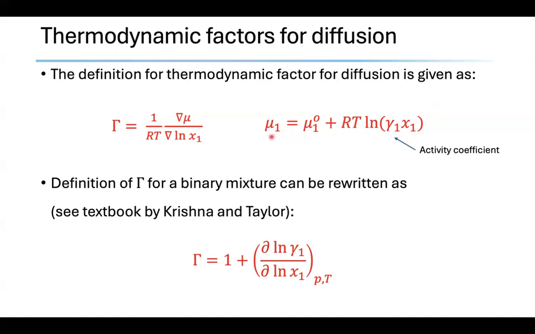Now, plugging the equation for the chemical potential of component 1 into the equation here, we can derive that the expression for the thermodynamic factor equals 1 plus the partial derivative of the logarithm of the activity of component 1 divided by the partial derivative of the logarithm of mole fraction 1 at a given pressure and temperature.